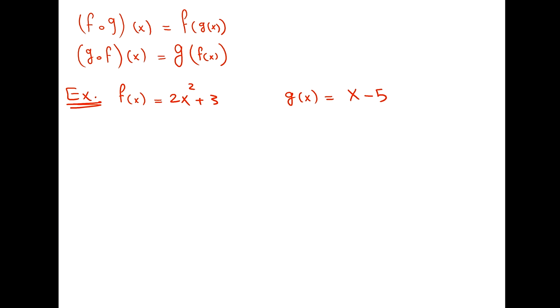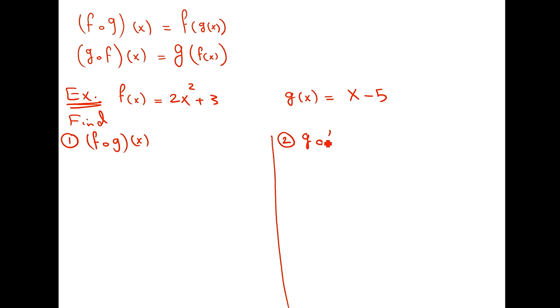Okay, and we need to find number 1, f composite g of x, and we need to find number 2, g composite f of x. Okay, and we can find g composite f at 1, for example, or 2.